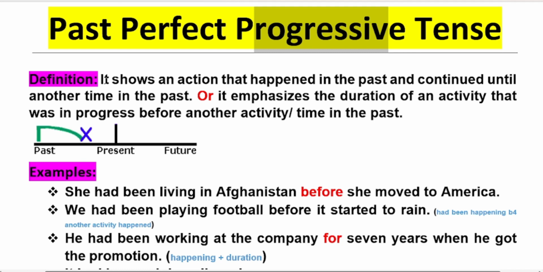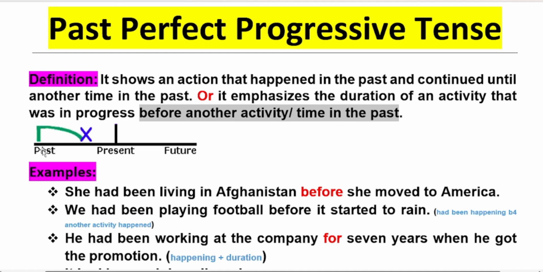Or in other words, it emphasizes the duration of an activity that was in progress before another activity in the past.